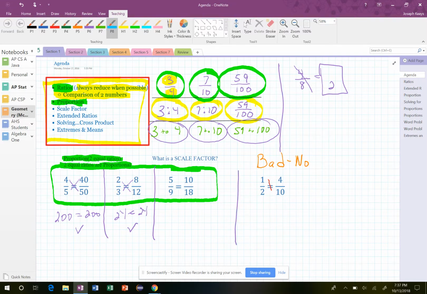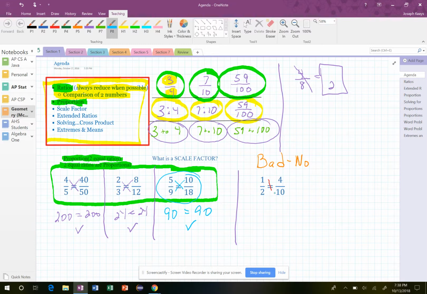Well, I'm going to do this one here, and let's see, 5 times 18, if I use my calculator, is 90, and 9 times 10 is 90. So once again, this is the third example. All three of these are examples of two ratios that are actually equal to one another, so we call that proportional. Here's an example where it doesn't work.